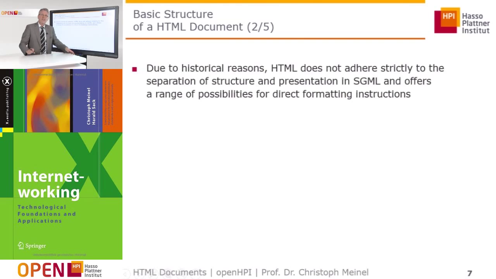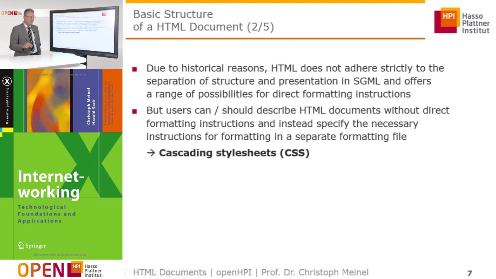It was only considered as a technical means to provide information. So in the very first version of HTML, there are also some formatting instructions. But if an author writes a document today, he should follow the strict separation between the structure definition by means of HTML and formatting instructions that are given by so-called cascading style sheets.